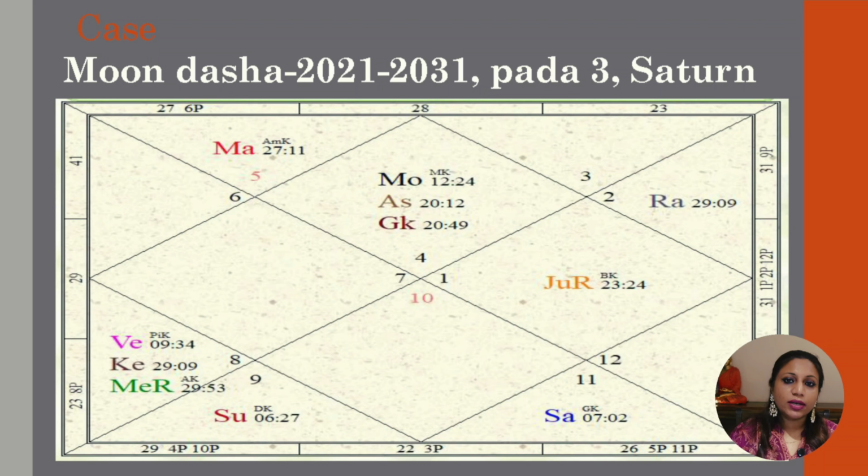Saturn is not well placed from Lagan and Lagan Lord. Saturn is 8th from Moon and from the first house, and Moon is the Lagan Lord. Saturn's 8th placement from any house and any house lord is never welcome. So we expect negative results of Saturn, because Moon is placed in Saturn's nakshatra, and that will be very prominent in 2026, 27, 28.